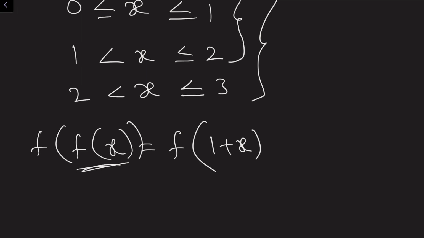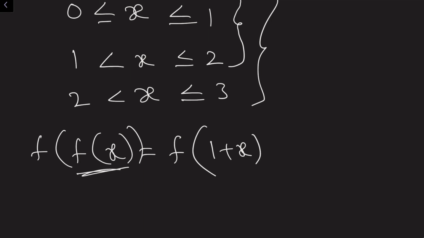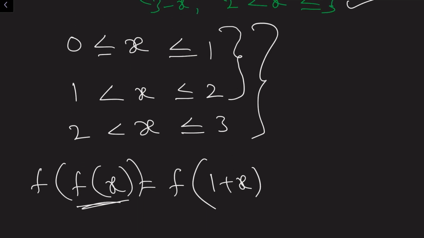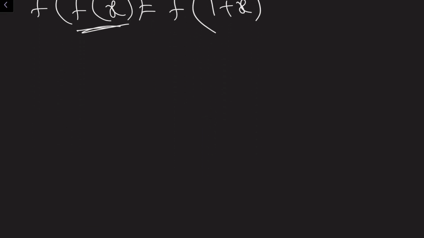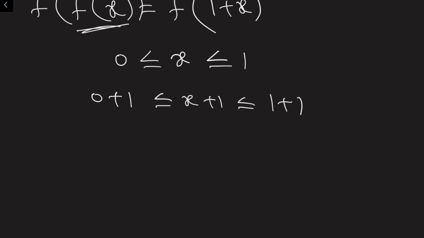Now f of 1 plus x, what value do we need to take? For that I'll take this first condition, 0 less than or equals to x less than or equals to 1. I will add 1 to everything again. So we get 0 plus 1 less than or equals to x plus 1 less than or equals to 1 plus 1. It will be 1 less than or equals to x plus 1 less than or equals to 2.